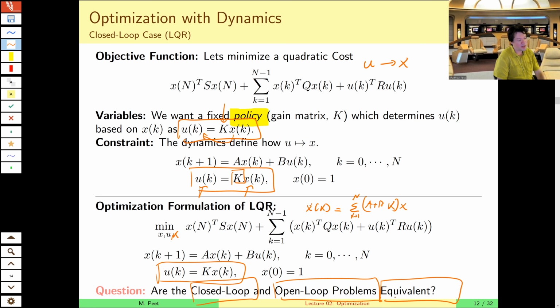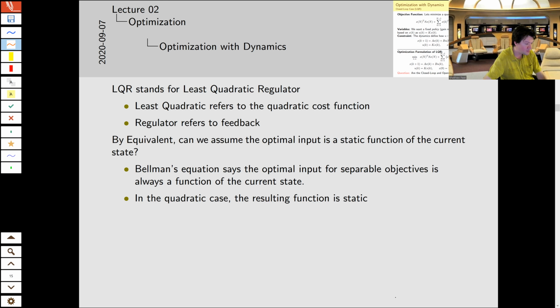So they have the same objective, and a solution to one can give you a solution to the other. So we often cover this as the LQR problem in discrete time, but we're not going to get to that until a later lecture, so I'll skim over that for now.